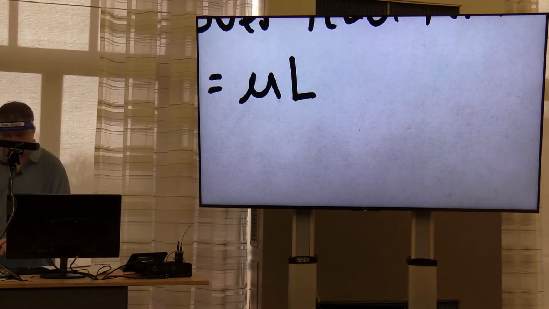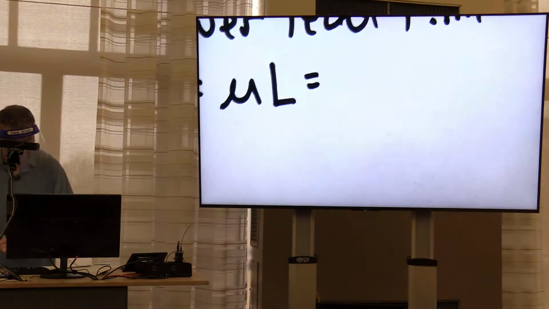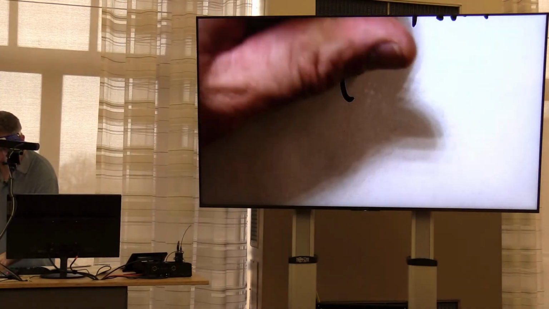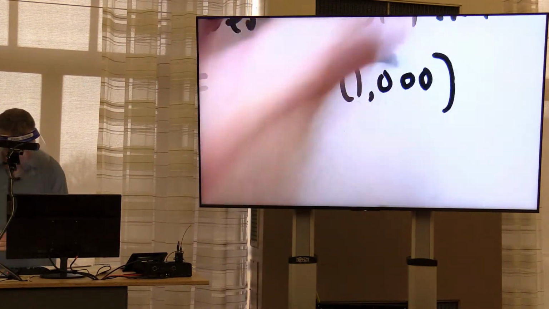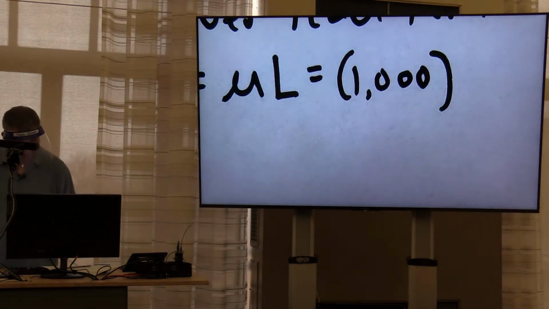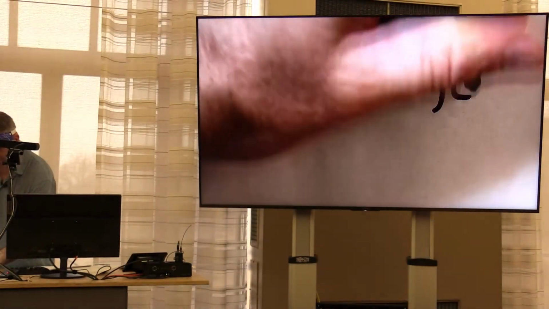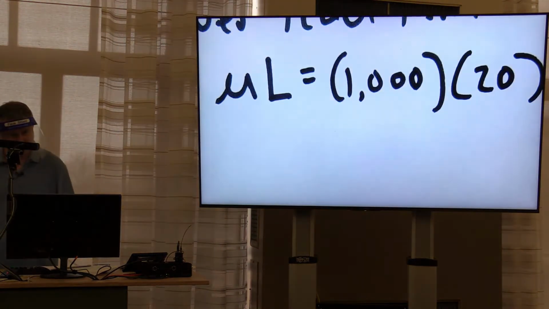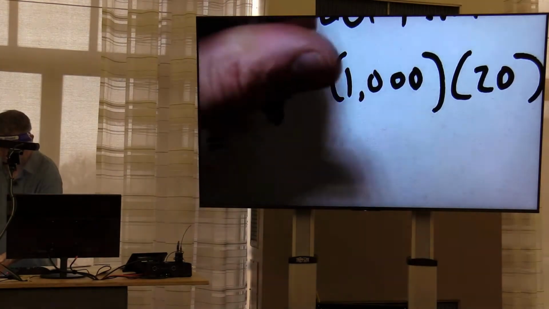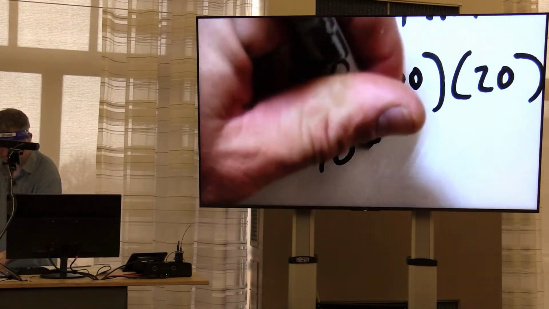And so mu times L: the average daily demand is 1,000, and lead time is 20 days. And so that's just going to equal 20,000.